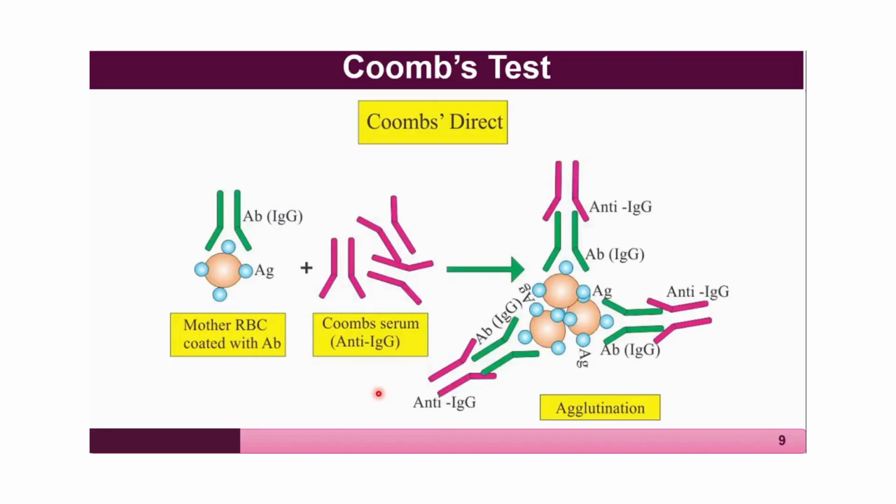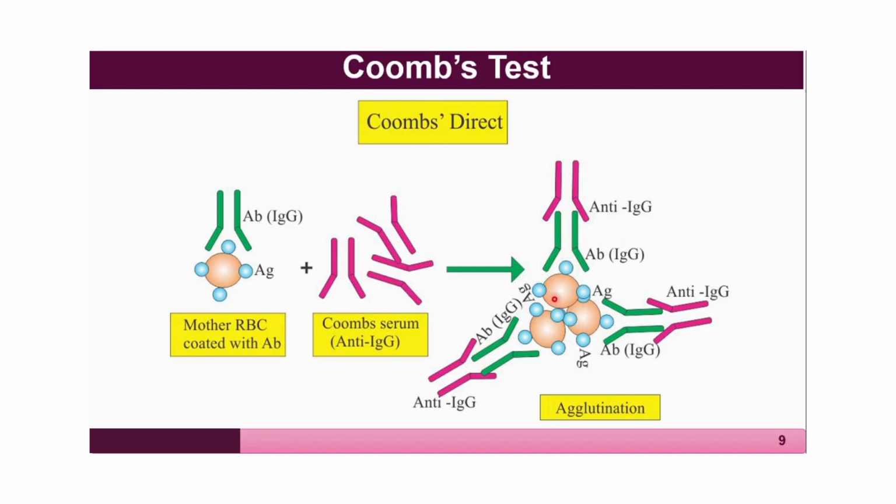In a simplified way, if the reaction has to be shown here, the antibodies are bound to the RBC. To that you are adding the Coombs anti-IgG, and that anti-IgG is against the Rh antibody, recognizes that and binds to it and brings about clumping.